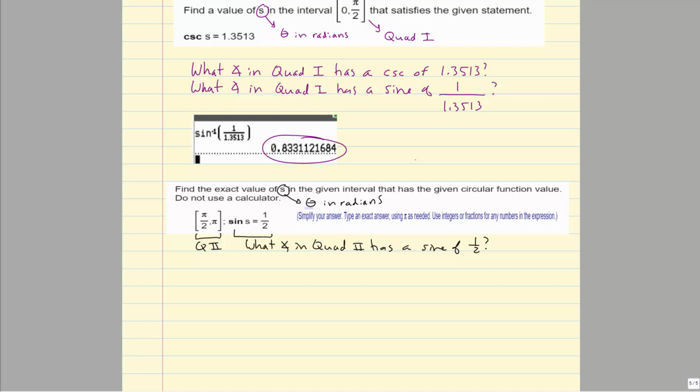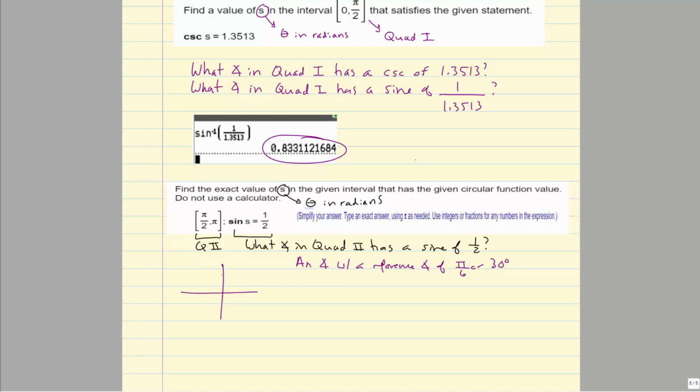And I know something about this because I know that the sine of pi over 6, or the sine of 30 degrees, is equal to 1/2. So it has to be some angle with a reference angle of pi over 6 or 30 degrees.